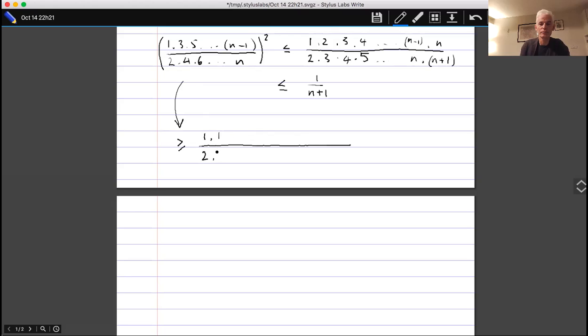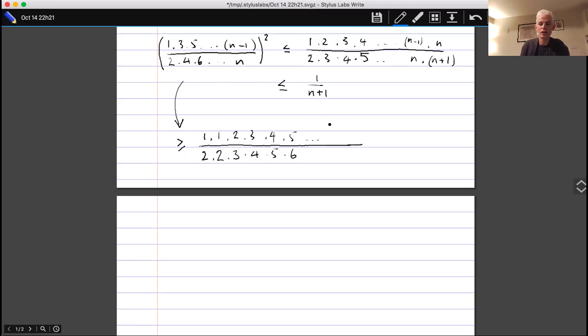Yeah, that's what I'll do. So that's just equality so far. Now the 3/4 squared is greater than or equal to what I'd get if I put 2/3 times 3/4, because I've replaced one of the 3/4 by a smaller fraction, 2/3. And then the 5/6 is bigger than if I put 4/5 times 5/6. And then I carry on like that.